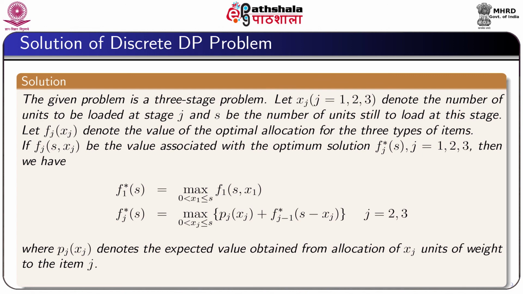Here pj(xj) denotes the value obtained from allocation of xj units of weight to the item j.